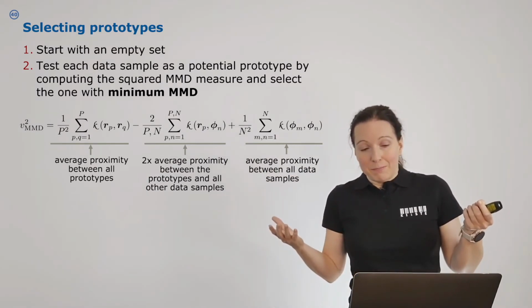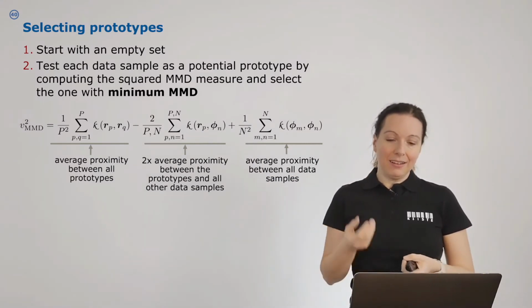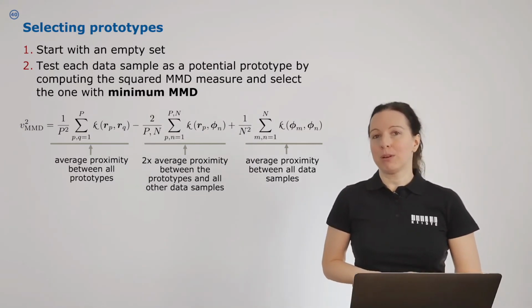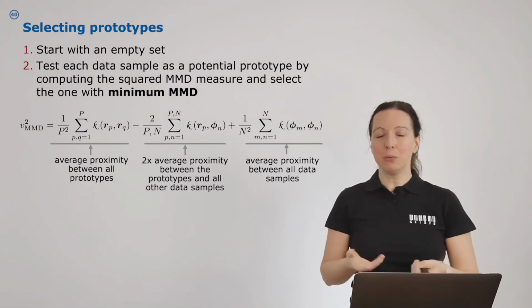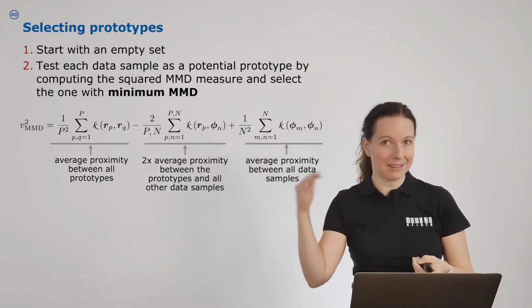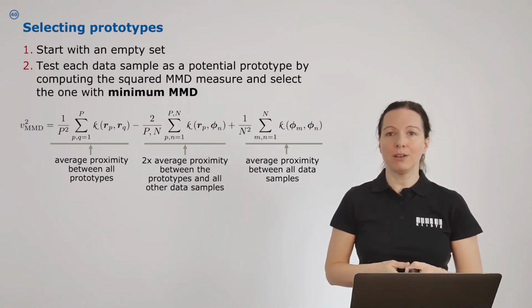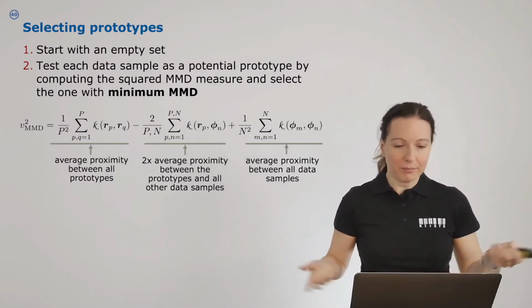And you know when this would be the case, it's exactly when all data samples are prototypes. It makes total sense, but this is not what you want. What you want is to select your prototypes to come as close, but not to have them all, because then you didn't do anything, just computations.